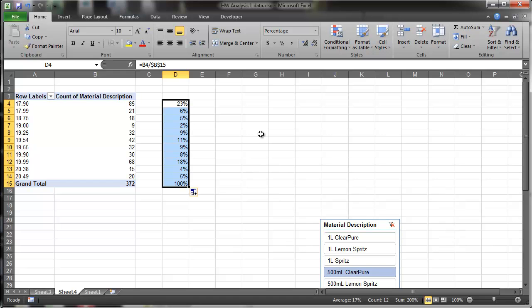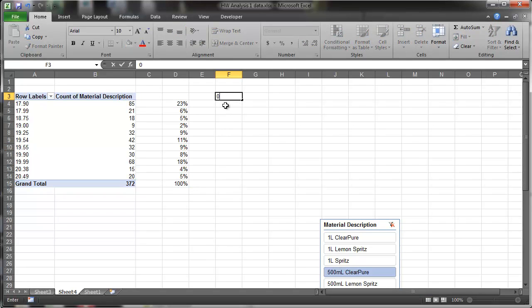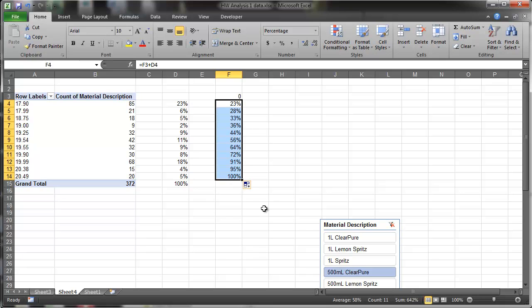So if I want to do a cumulative probability, I start at 0. Let's start 0 here, and I take the previous and add this current, and then I just drag this down.